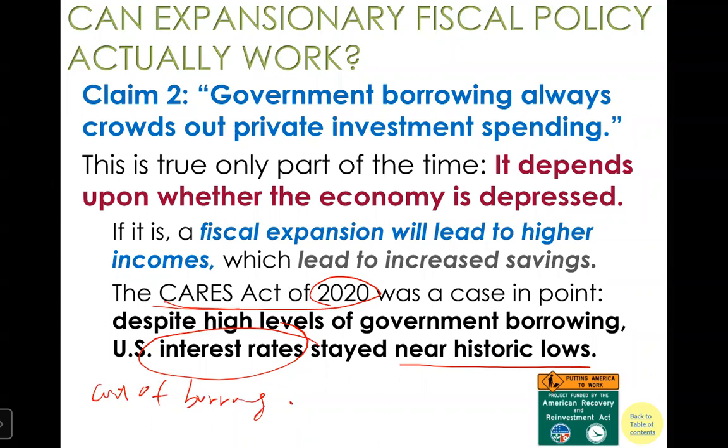And the cost of borrowing is going to be affected by the supply. What's the supply? Essentially the savings, or the money we have. So if the interest rate is low, meaning the cost of borrowing is low, usually this just means there is lots of supply because everyone is trying to lend out their savings. I'm going to ask for a lower interest rate because I have so much money I want to lend out.